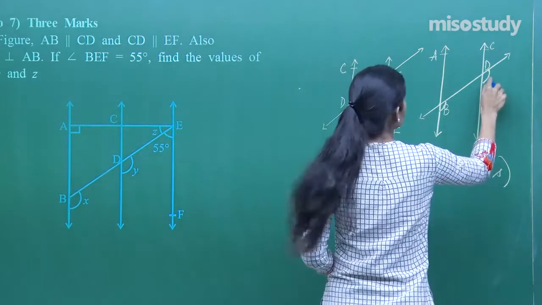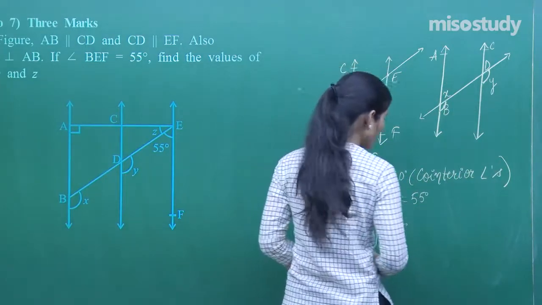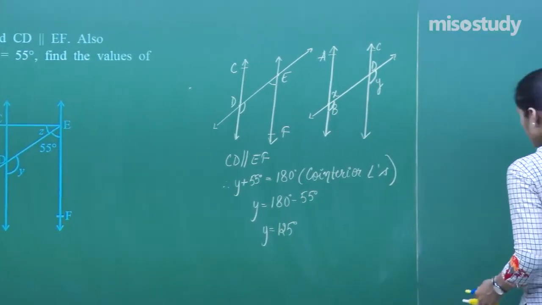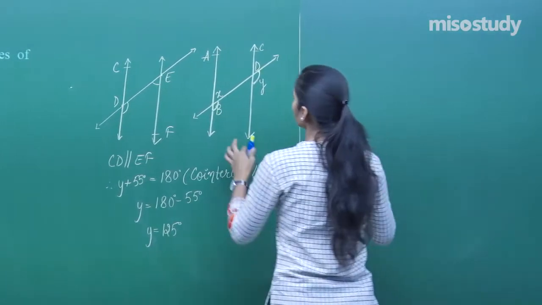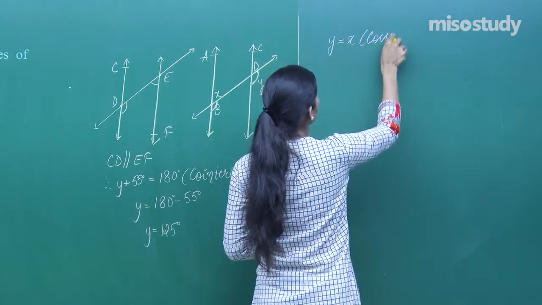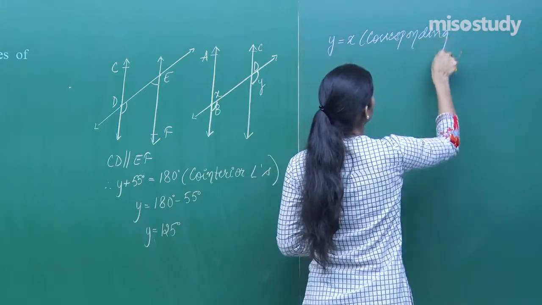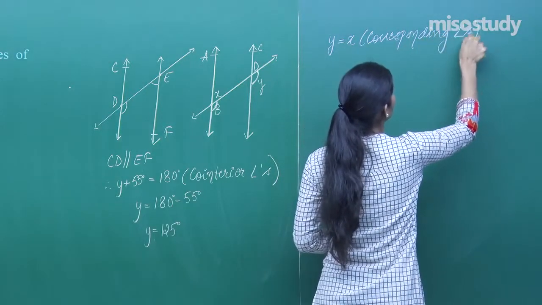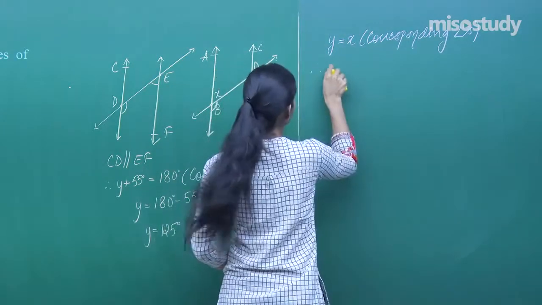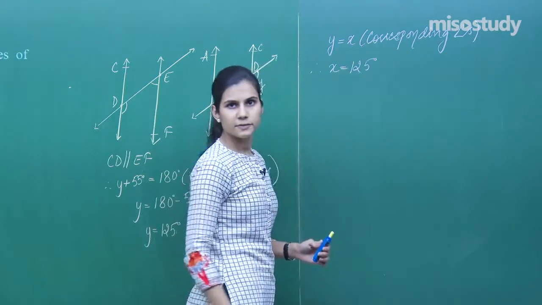Angle over here is Y, angle over here is X. So apart from the co-interior angles being supplementary, you also have y equal to x because they are corresponding angles, as the lines are given to be parallel and corresponding angles are equal in measure. Therefore, if y is 125, x is also 125.